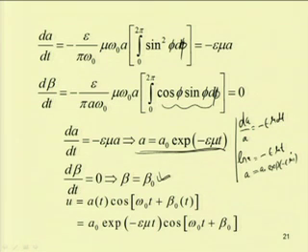As u equal to a(t) cos(omega t plus beta 0), substituting the value of a(t) equal to a 0 e to the power minus epsilon mu t, we can write the solution u equal to a 0 e to the power minus epsilon mu t into cos(omega 0 t plus beta 0).